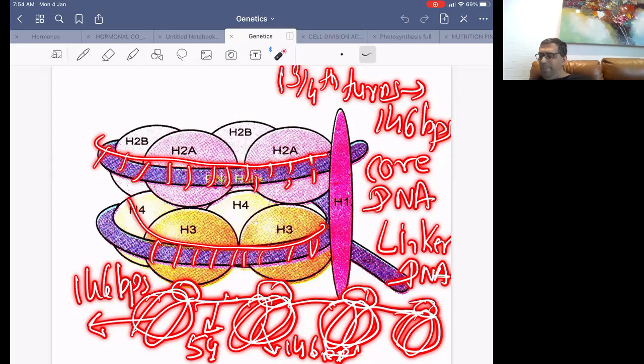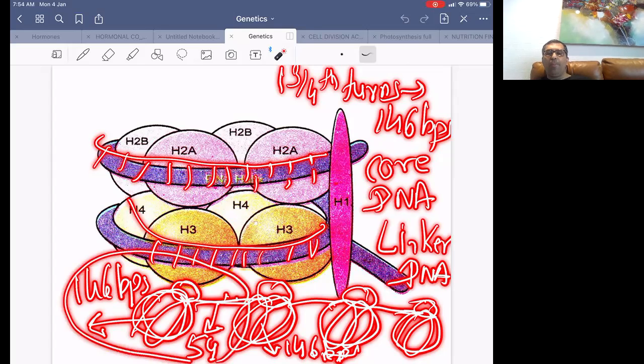So one bead and string has a total of 146 plus 54 base pair, a total of 200 base pairs.